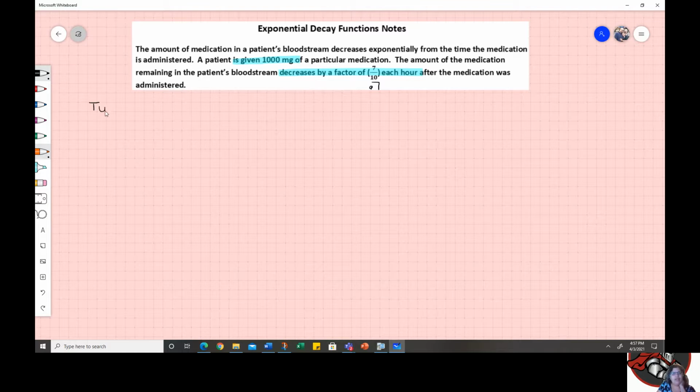We're going to start with the time since administration, the time since this patient's taken the medicine. We're going to do a process column. The time is in hours.